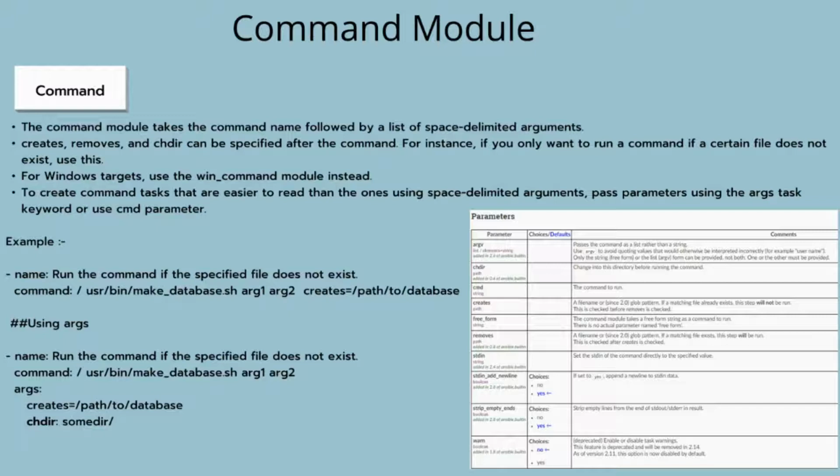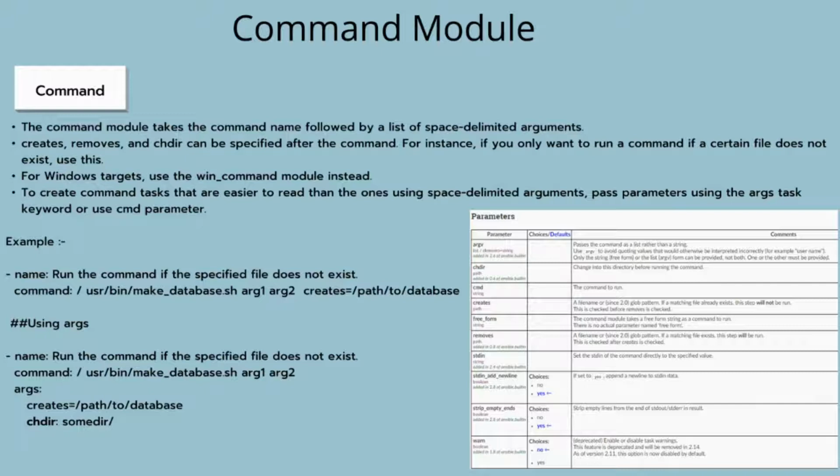So it has argv, which passes the command as a list rather than a string. Then we have chdir, which is changing a directory. Then you have cmd, which is another way of writing the command, and another way of passing the arguments to the command module is creates, free_form, removes, stdin, and the list goes on.